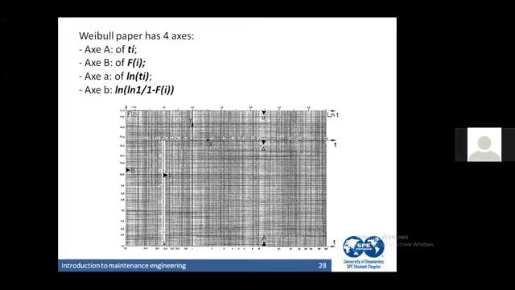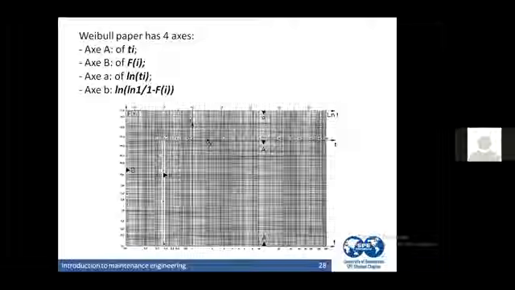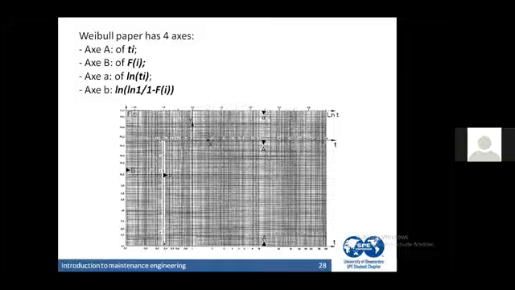The third axis is the lowercase i, which is used to put the values of the logarithm of Ti. The axis lowercase b is then used to represent the point of calculating the logarithm of logarithm 1 on 1 minus Fi.